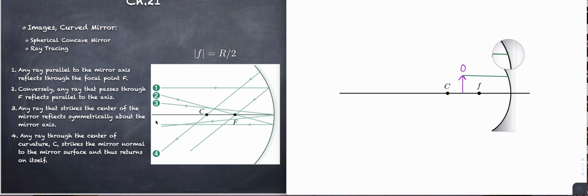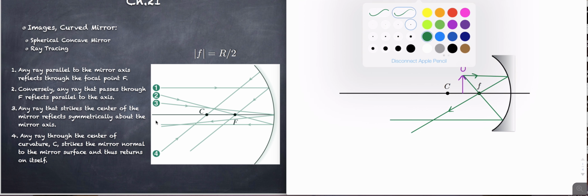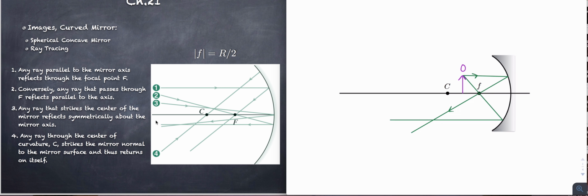Light that's parallel to the axis should reflect through the focal point. And then light that goes through the focal point should reflect out parallel. And so that gives us an image here.